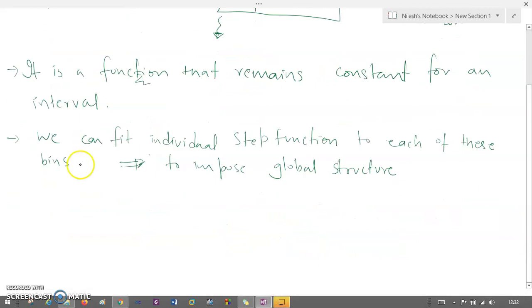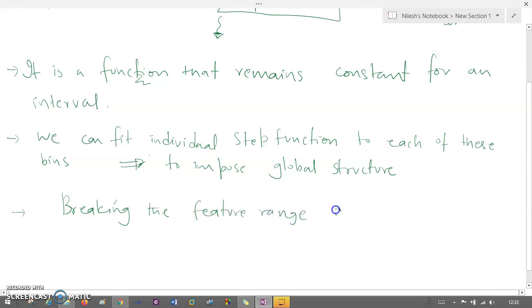Here I can also write it down like we are breaking the feature range into bins, and then fit different constant in each bin.